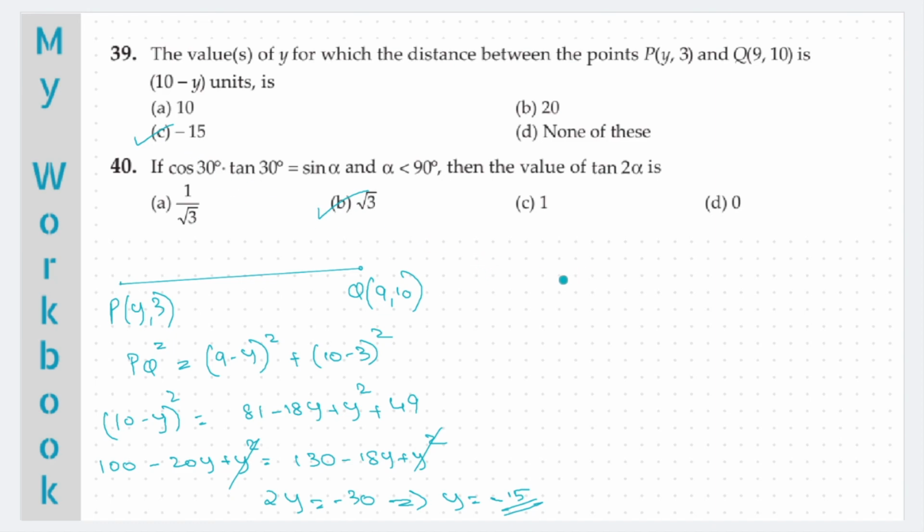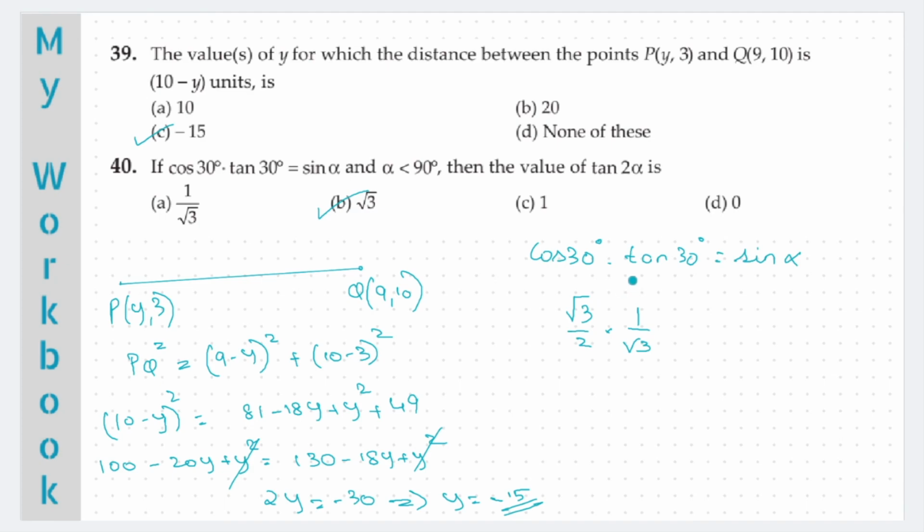For 40th sum, it's given cos of 30 degrees into tan of 30 degrees is equal to sine alpha. Cos 30 degree is root 3 by 2 and tan of 30 is 1 by root 3. Remember, you need to know the values of certain angles, that is 0, 30, 45, 60 and 90 by heart for at least sine, cos and tan.